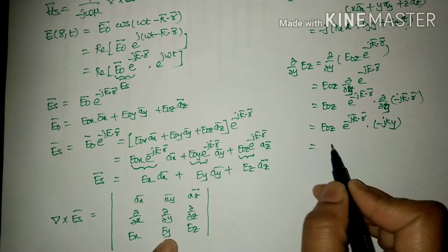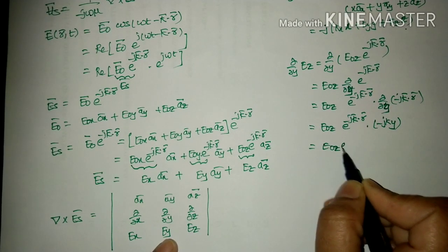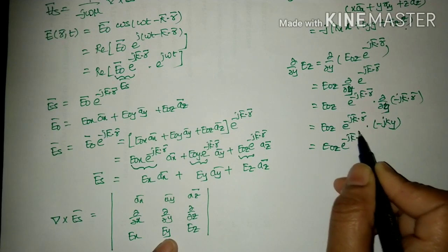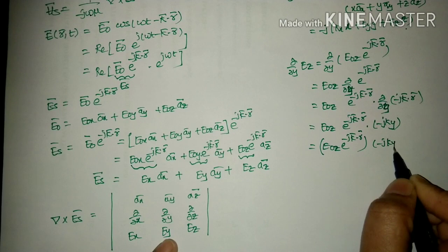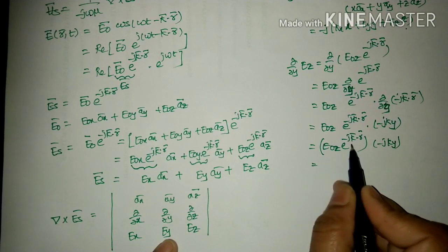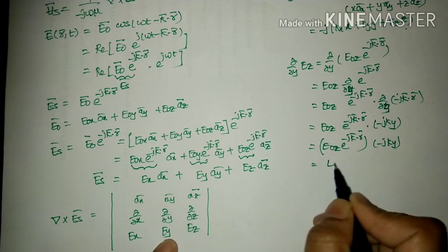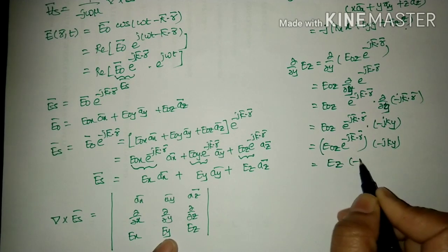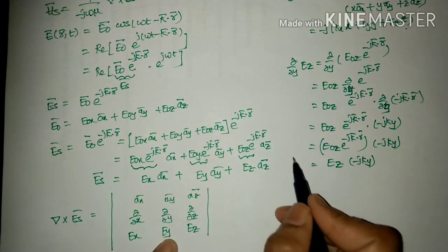which can be further simplified as EOZ into e power minus j k bar dot r bar is one term, into minus j ky is the other term. But EOZ into e power minus j k bar dot r bar is equal to Ez. So it is equal to Ez into minus j ky, which is equal to dou by dou y of Ez.